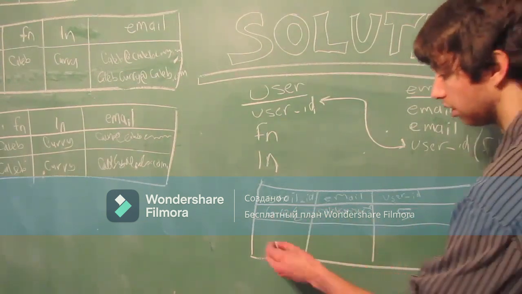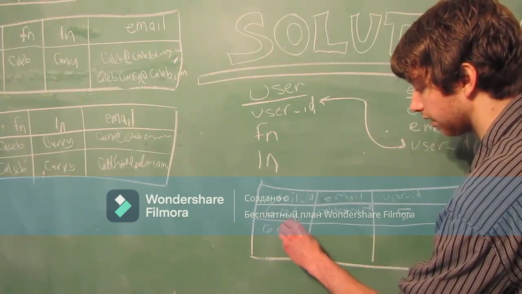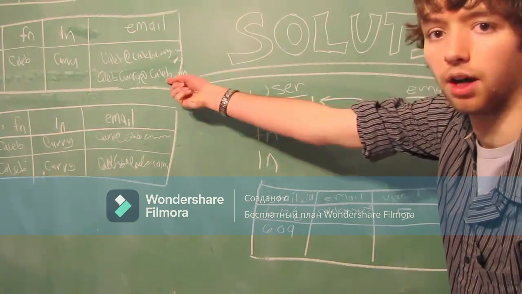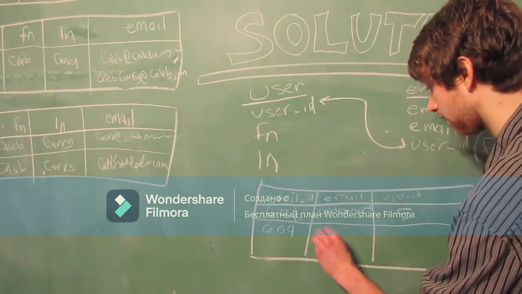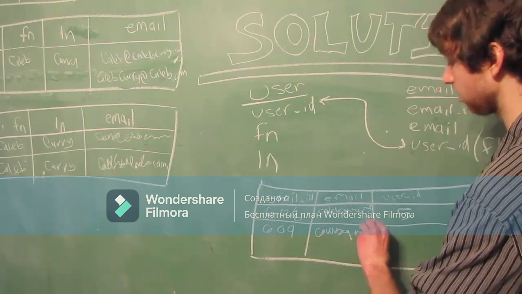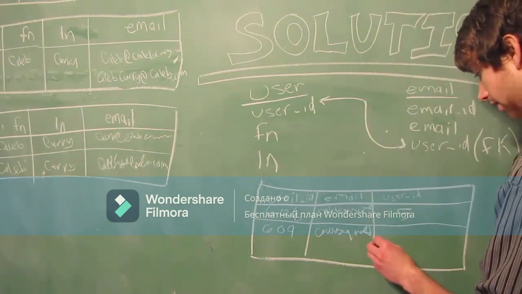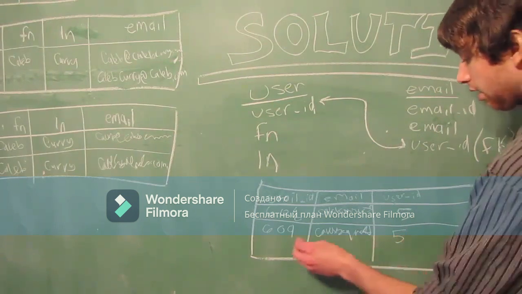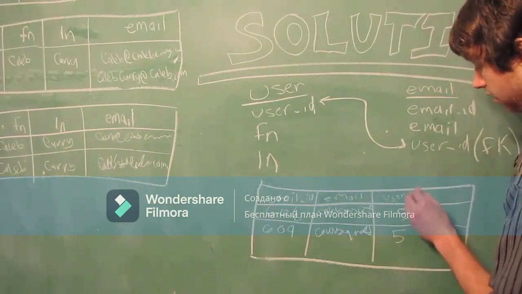Then we could have another row, and it'd be a new email, so we'd have a new email ID. It'd be a different email. We would use this one this time. And I'm going to make that beautiful handwriting that you guys love. There we go. And then the user ID for that would also be 5. Now, this repeating value is okay.